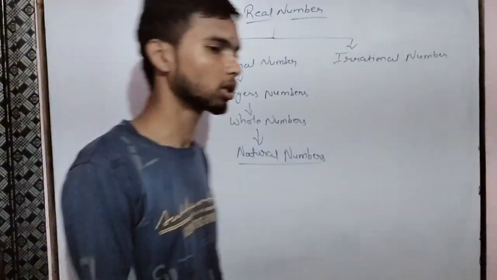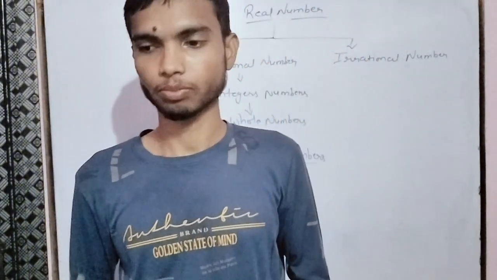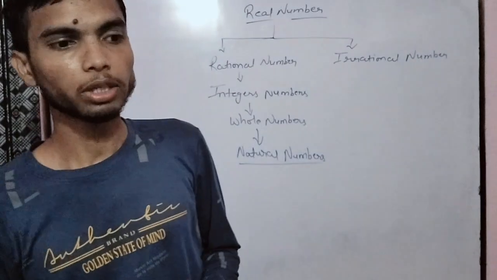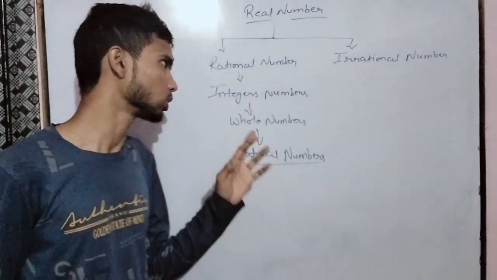Now integers. Integers have what? Natural numbers and whole numbers. Here, numbers which can be written with a subtract sign and with an addition sign, and whole numbers, will come in the category of integers.